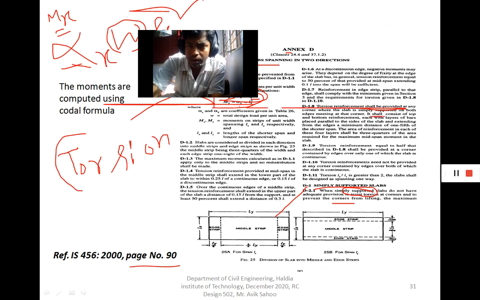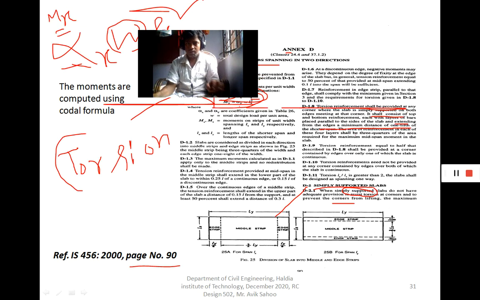It shall consist of top and bottom reinforcement, each with layers of bars placed parallel to the sides of the slab and extending from the edge a minimum distance of 1/5 of the shorter span. The area of reinforcement in each of these 4 layers shall be 3/4 of the area required for the maximum mid-span moment in the slab.